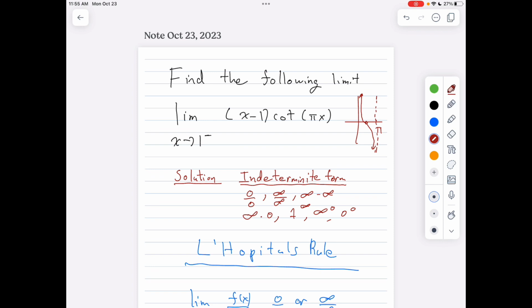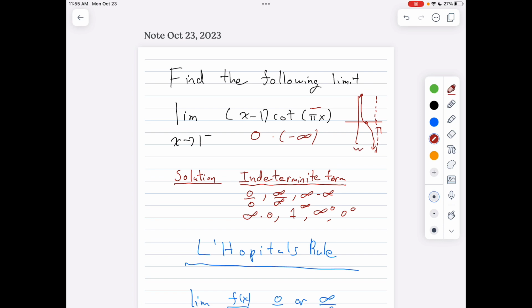So if you approach 1 from the left, the x minus 1 part would approach 0, and the cotangent pi x part would approach negative infinity. More into that, as you approach 1 from the left, the pi x part would approach pi, a little bit smaller than pi, and you would then see what the cotangent of those values is, and as x approaches pi, you would get that you go to negative infinity.